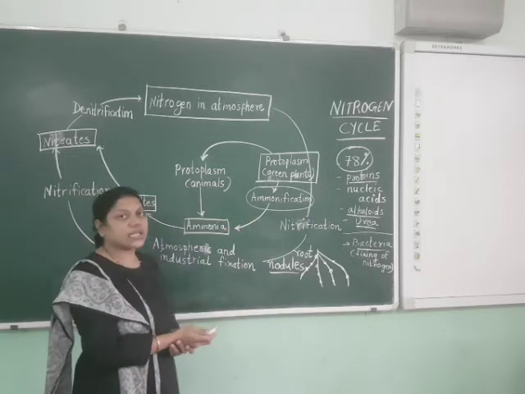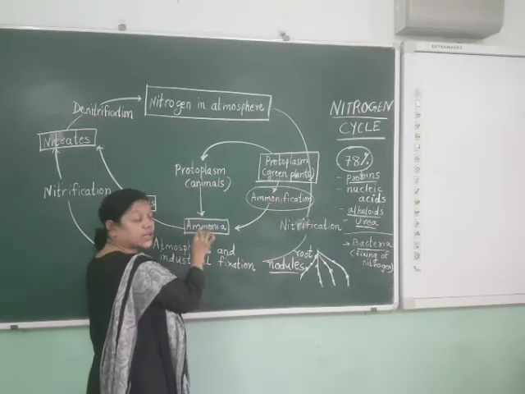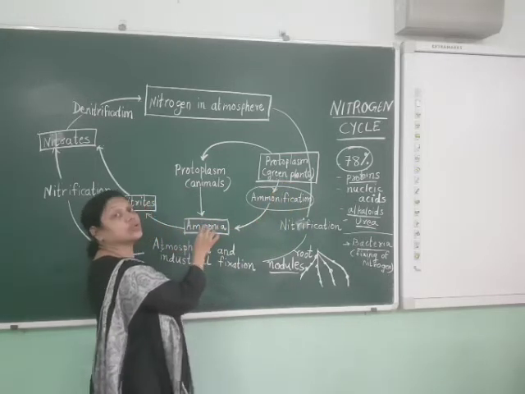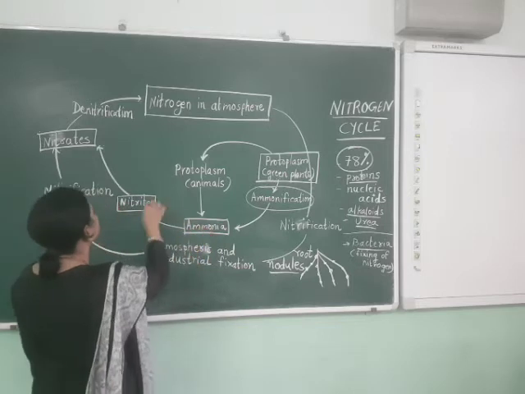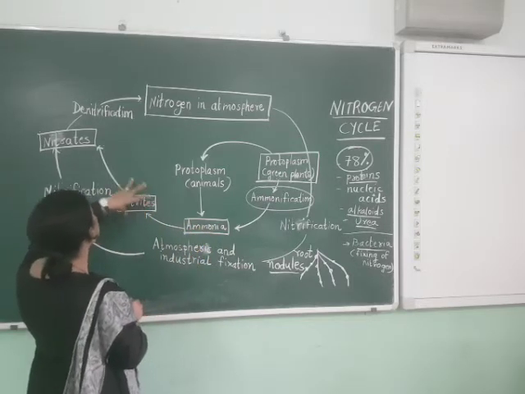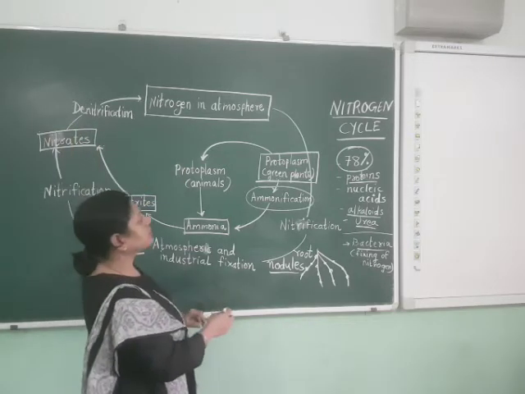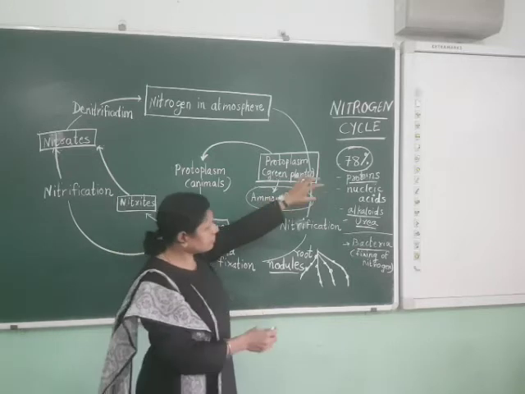Ammonification is a process in which nitrogen is converted into ammonia, and this ammonia further helps to make complex substances like nitrites and nitrates, which can be consumed by the animals.